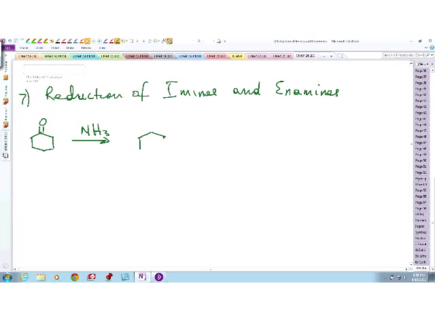This will give you an imine, which has a carbon-nitrogen double bond. This is an imine.